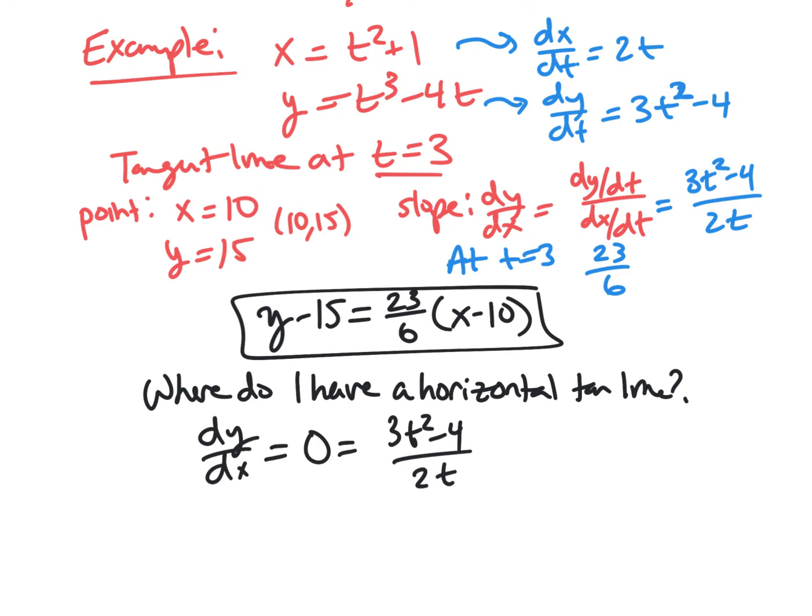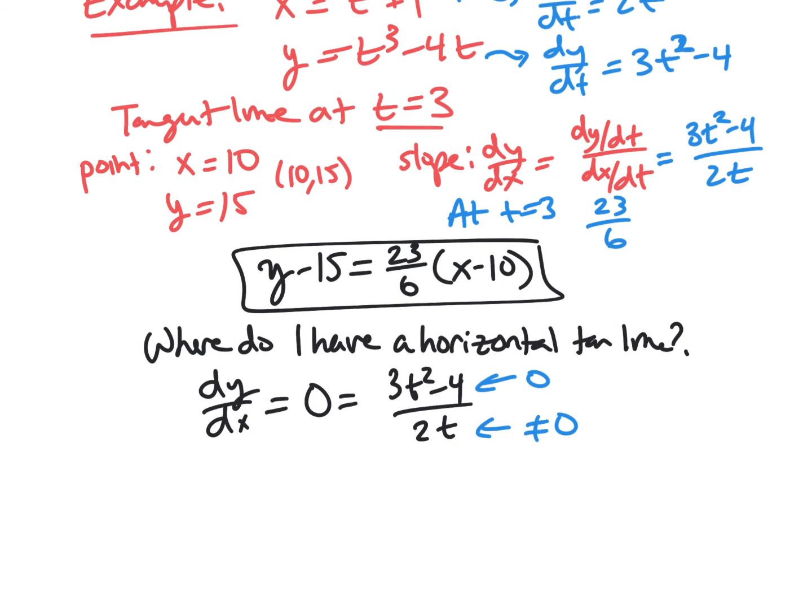Well, we're just looking for when 3t² − 4 is 0 and the denominator is not 0, because we don't want an indeterminate form here. So we're just solving for t. So 3t² − 4 is 0, so t² is 4/3, and thus t is plus or minus 2 over the square root of 3.